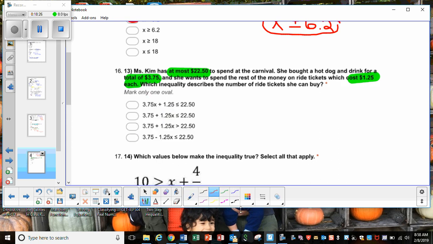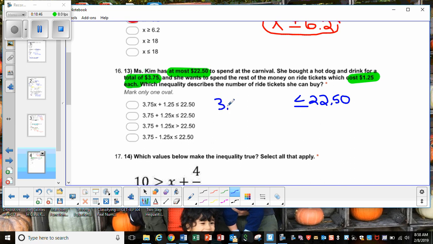So let's first start with our inequality statement. She has at most $22.50. That means that she can spend exactly $22.50 or less. She doesn't have any more money than that. So that's going to be the less than or equal to symbol. Miss Kim was hungry, so she already bought a hot dog and a drink for $3.75.